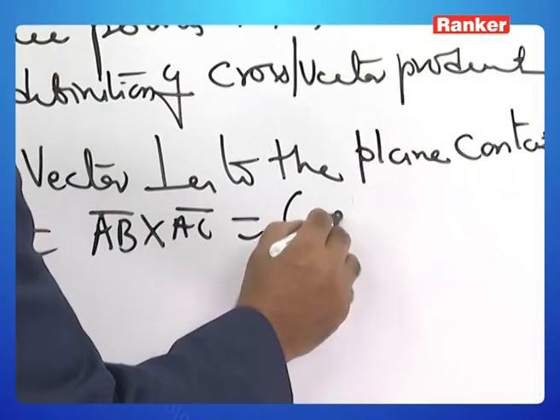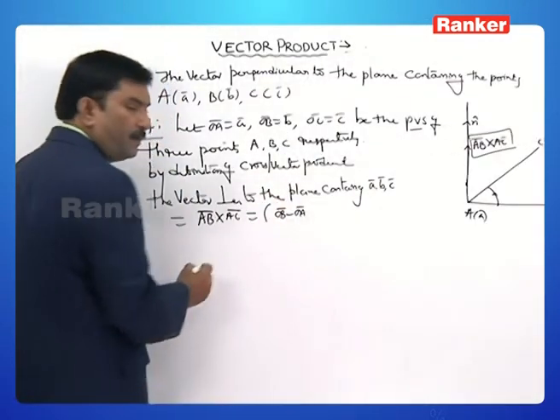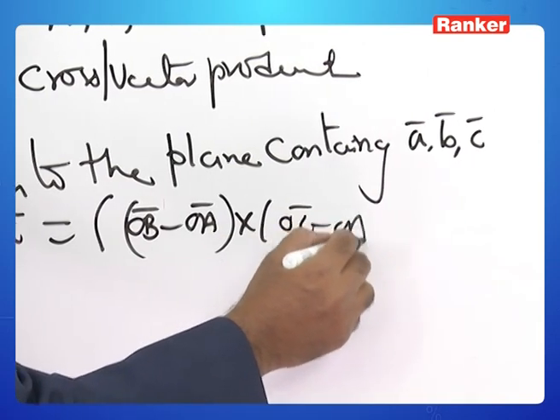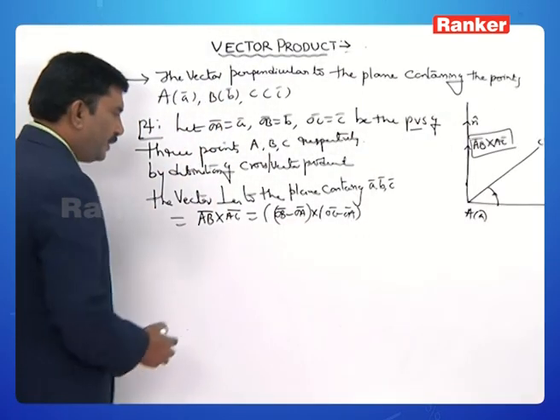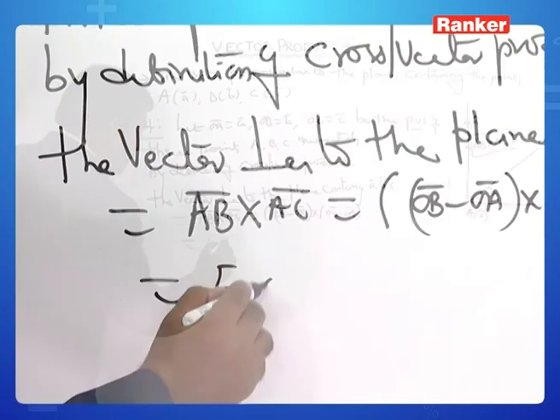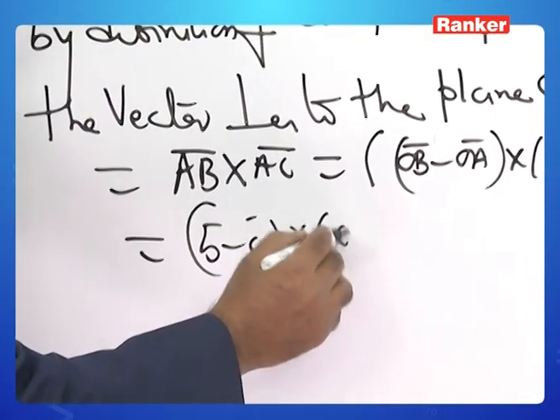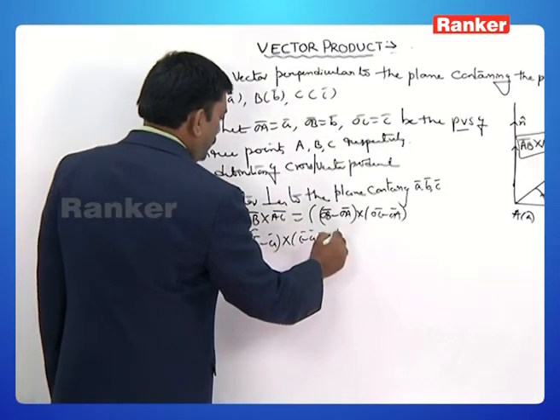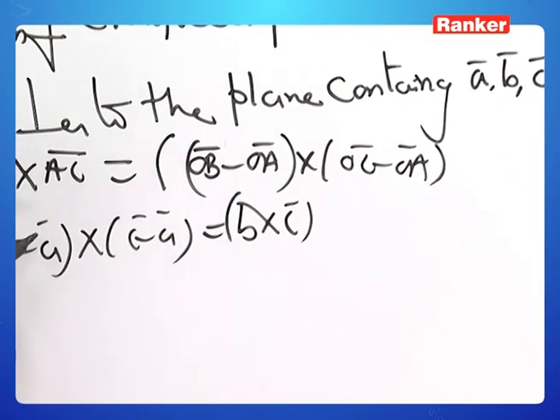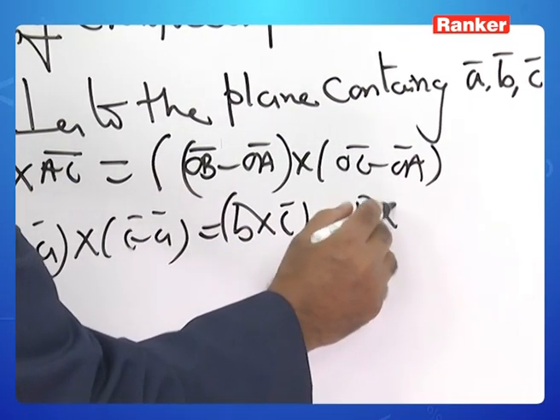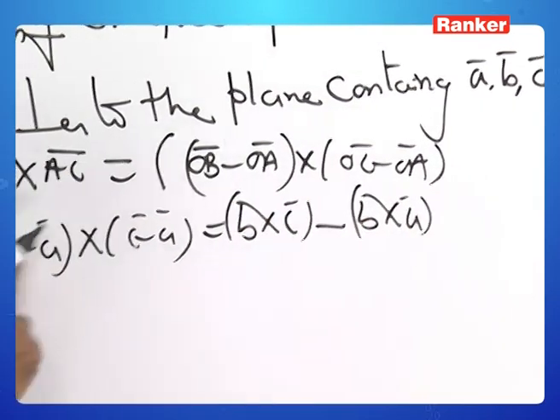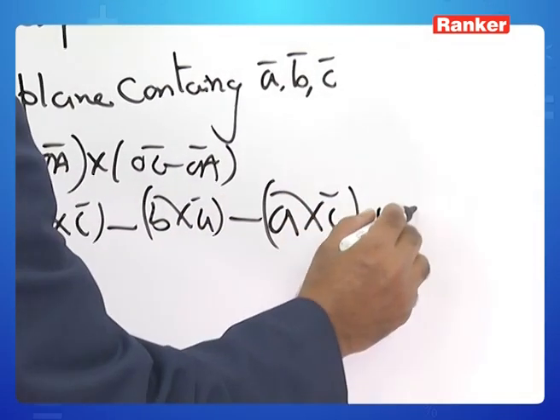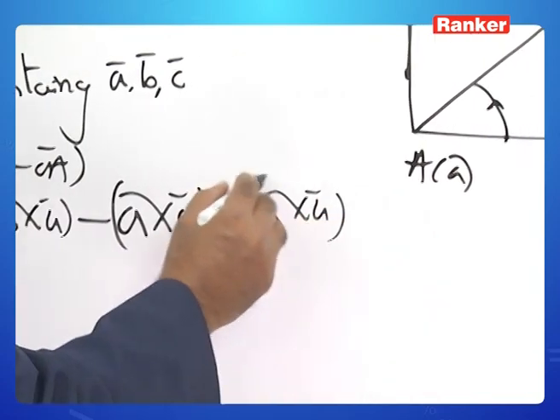This is nothing but OB minus OA cross OC minus OA. This is nothing but B bar minus A bar cross C bar minus A bar. Take the cross product. B cross C, minus B cross A, minus A cross C, minus of minus plus A cross A.